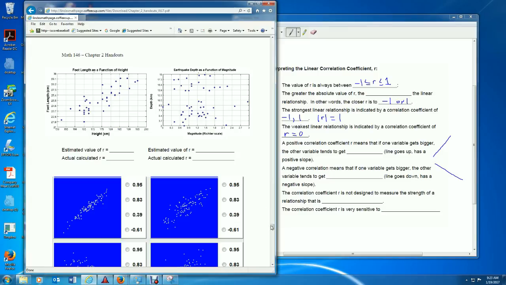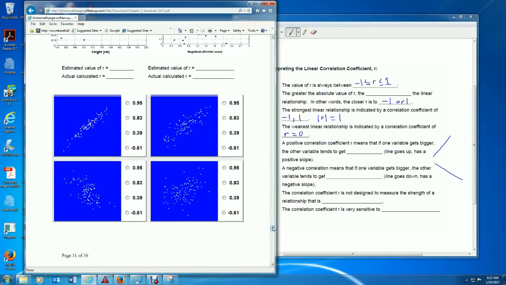So down here, again, pause this for a moment. This is just matching. Pick the correct value of r that matches with the given graph. Okay, I'm going to give you the answer right now. Obviously, this is the tightest one. It corresponds to the 0.95. Clearly, this is the only negative one.